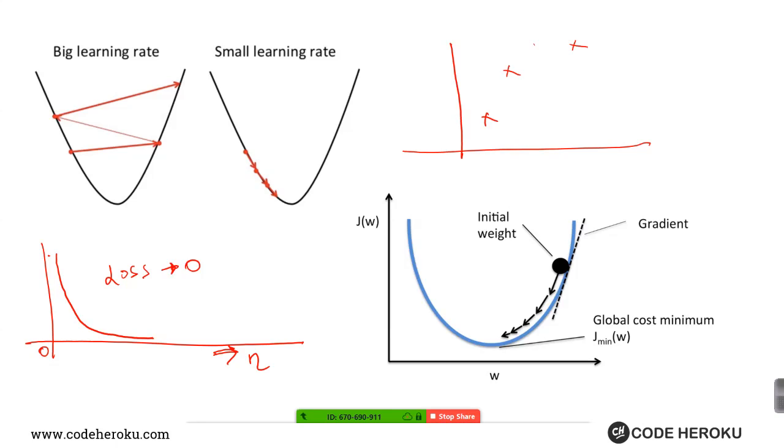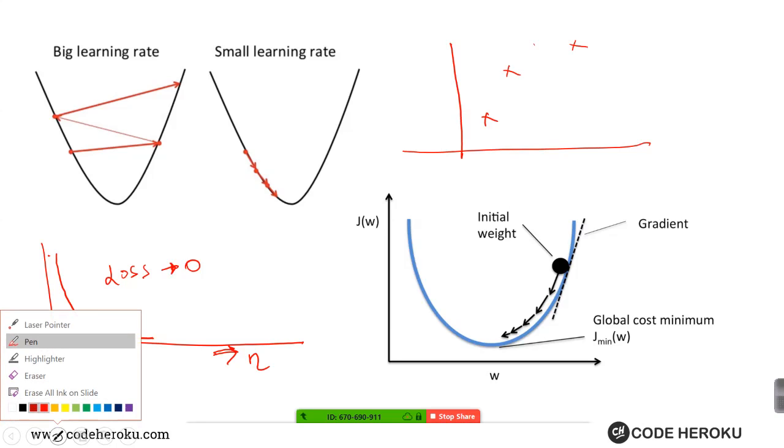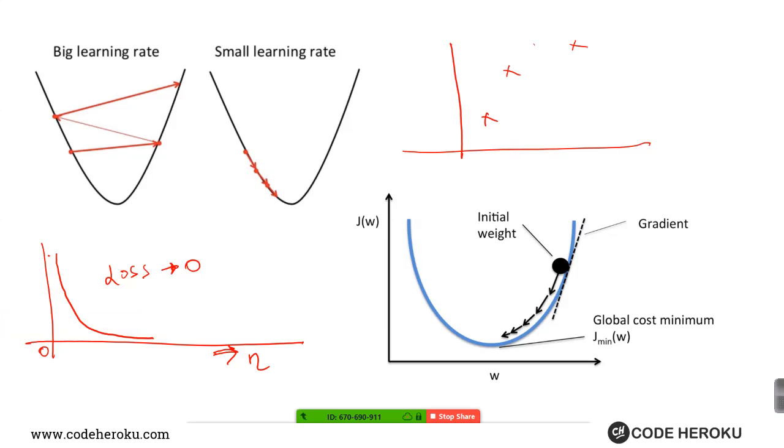Let me take another color. Remember, this loss over here is the total error that we are seeing between all these points, okay? And this is what the model looks like right now, okay?